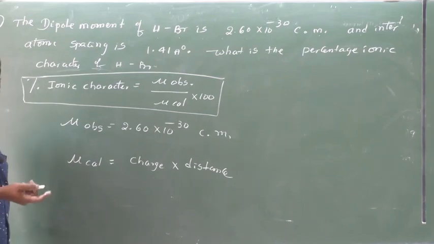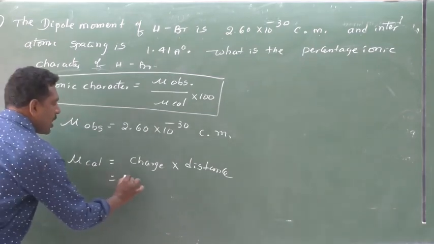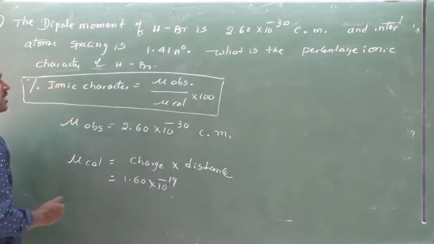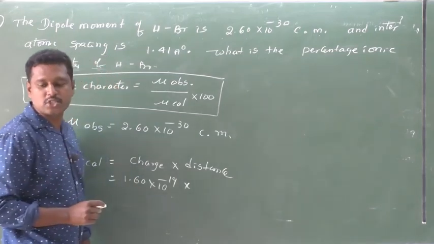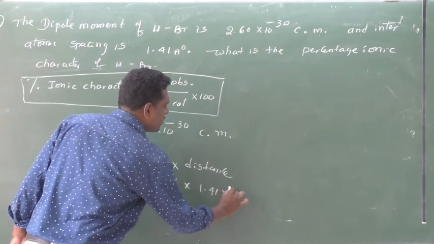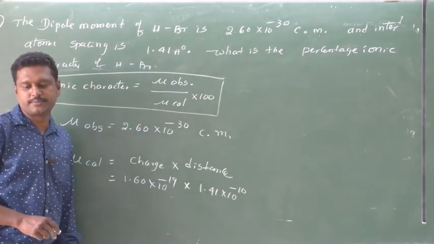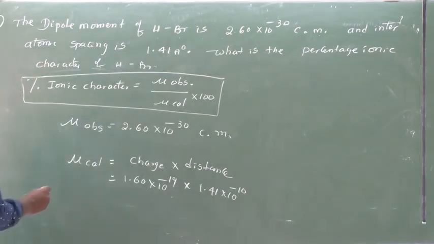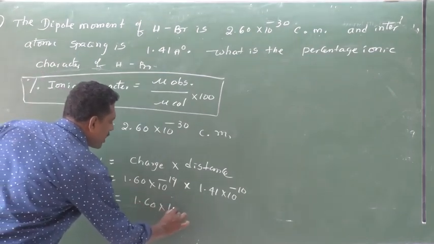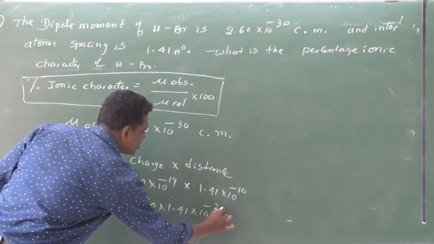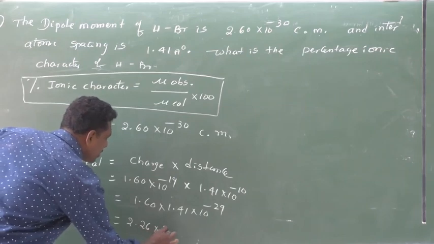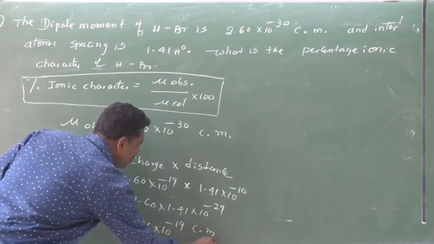Charge means the electron charge, that is 1.60 into 10 power minus 19 coulombs, and the distance is given as 1.41 angstroms, which converted is 1.41 into 10 power minus 10 meters. After calculation of these two values, we get 1.60 into 1.41 into 10 power minus 29, and the value is 2.26 into 10 power minus 19 coulomb meter.